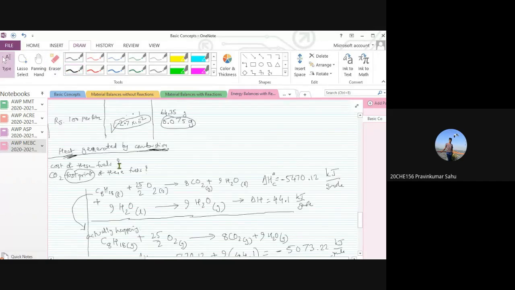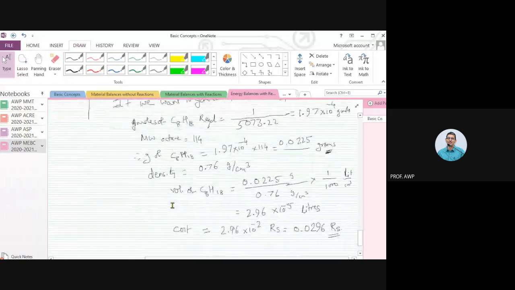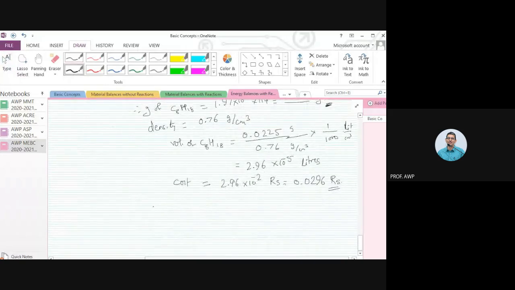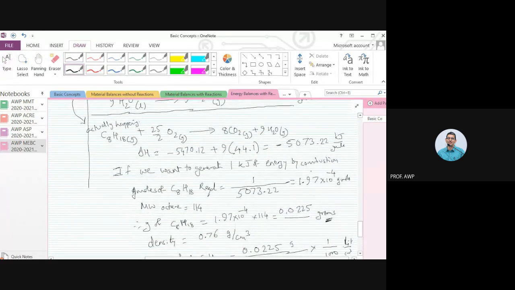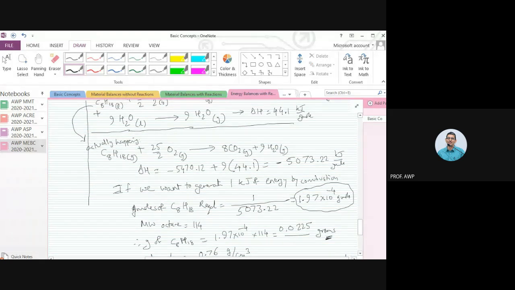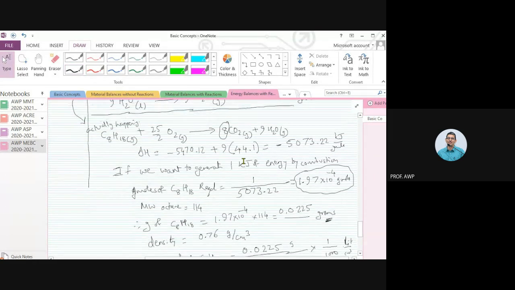Okay. Now CO2 generated. How many gram moles of C8H18 are required? 1.97 into 10 raised to minus 4 gram moles. Every gram mole of C8H18 burned generates 8 gram moles of CO2.